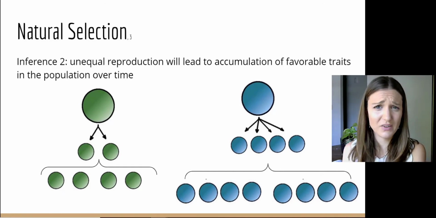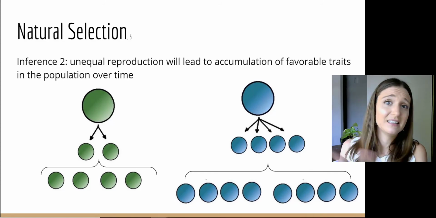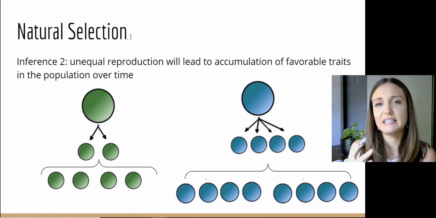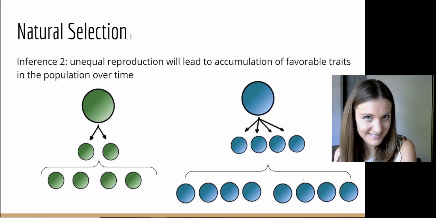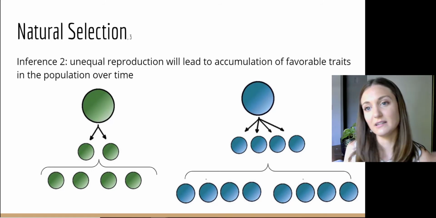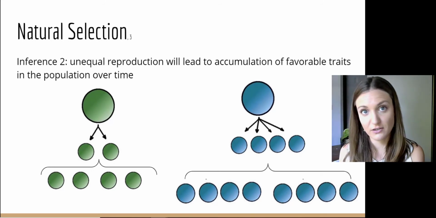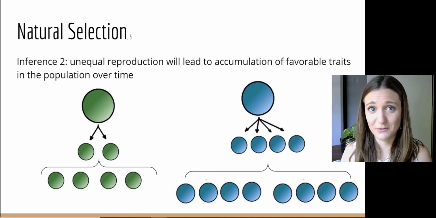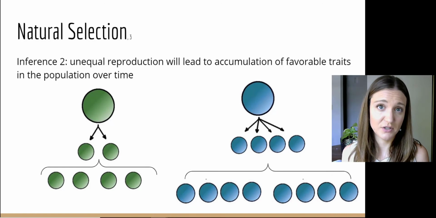So here, blue is favorable, green is not favorable. That blue trait is going to end up dominating the population. So we see that accumulation of differences in a population over time, leading the population to change, and eventually, over thousands or millions of years, the species will change.